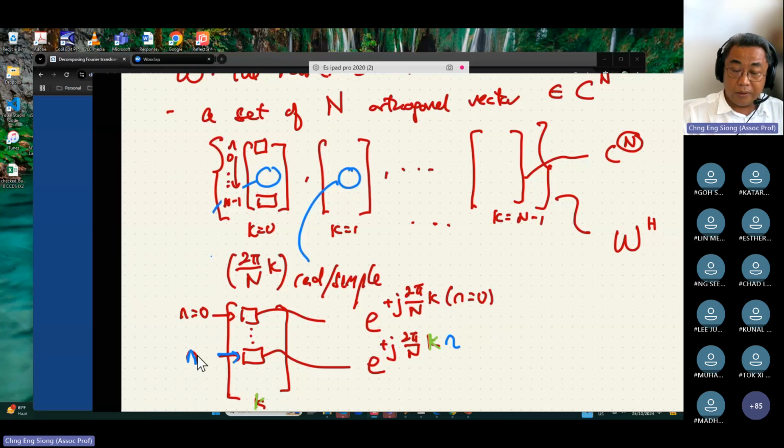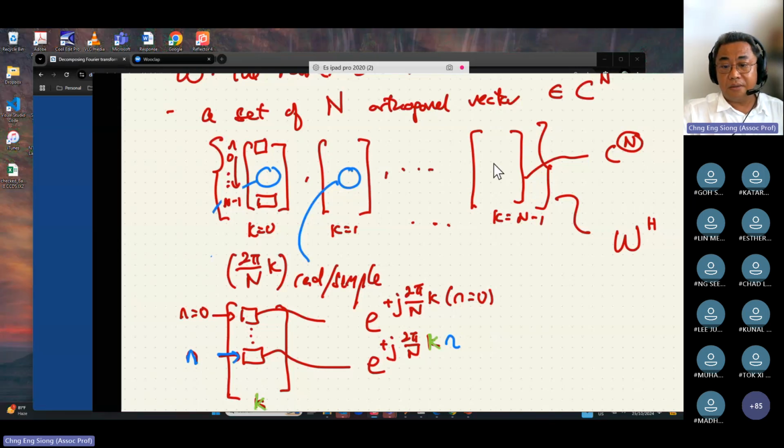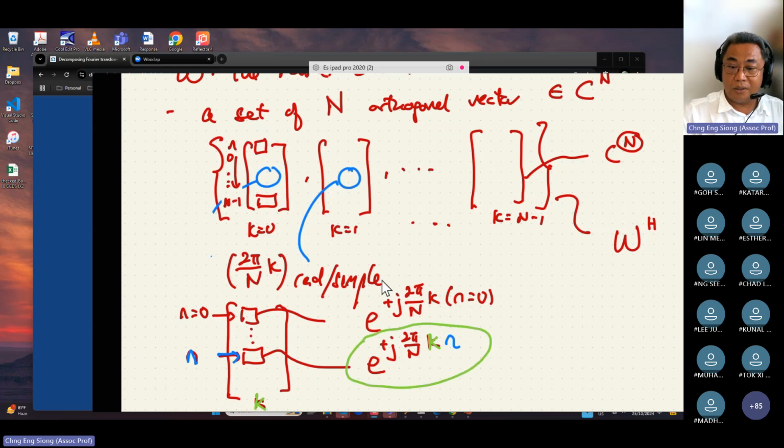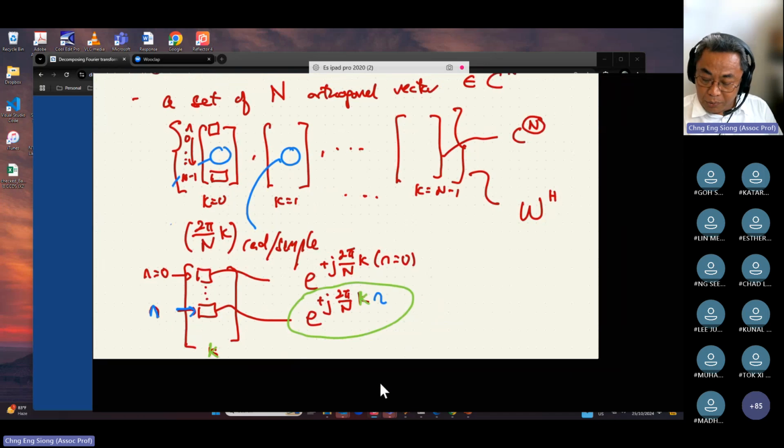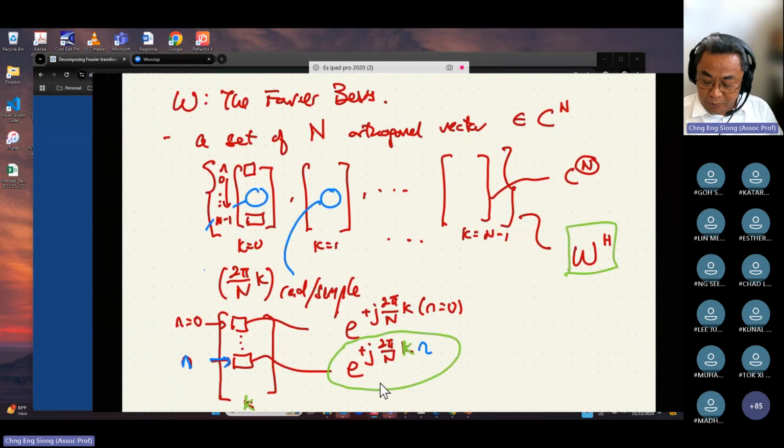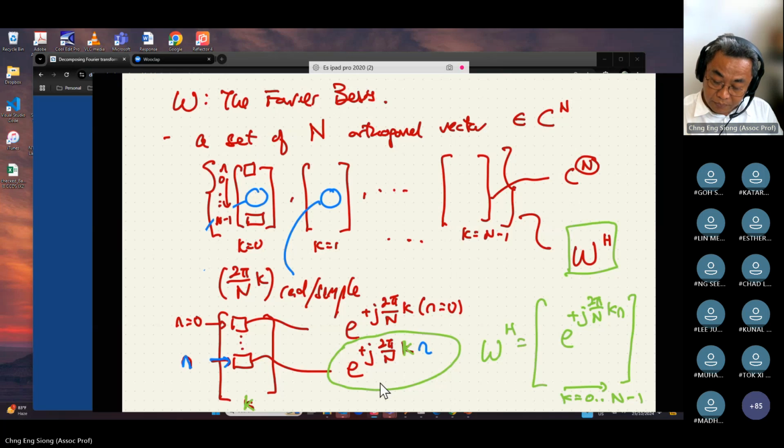This is the k-th column in this basis. So you realize that this one equation alone tells me how to build this matrix called W^H. It is simply e^{j2π/N kn}, where k equals 0 to N minus 1 across, and n equals 0 to N minus 1 going down.